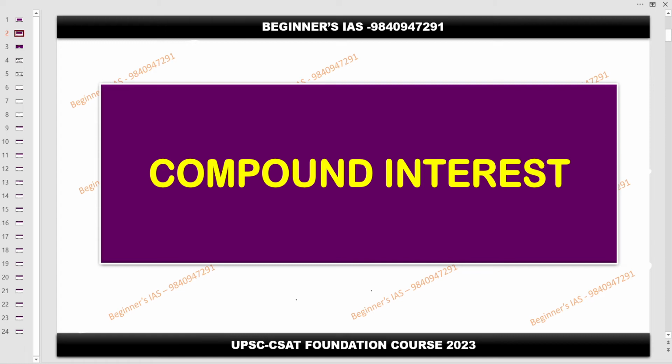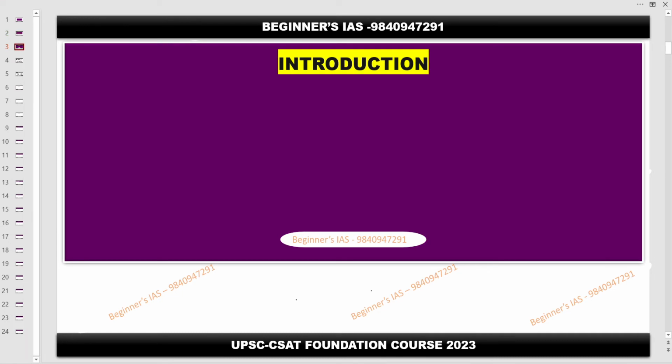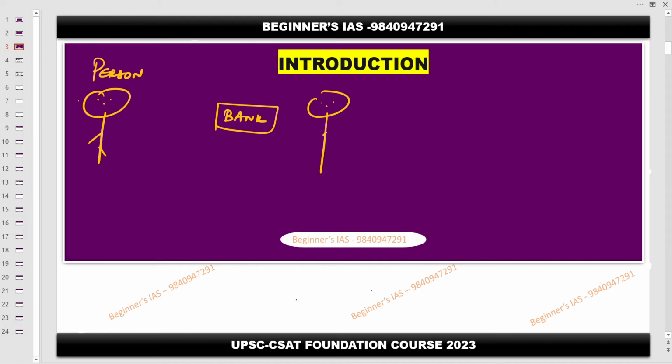Here in compound interest, let us see some basic introduction so that you will get some clarification, some idea. Here, this person, then here a bank or some other person, this is person one and then person two.